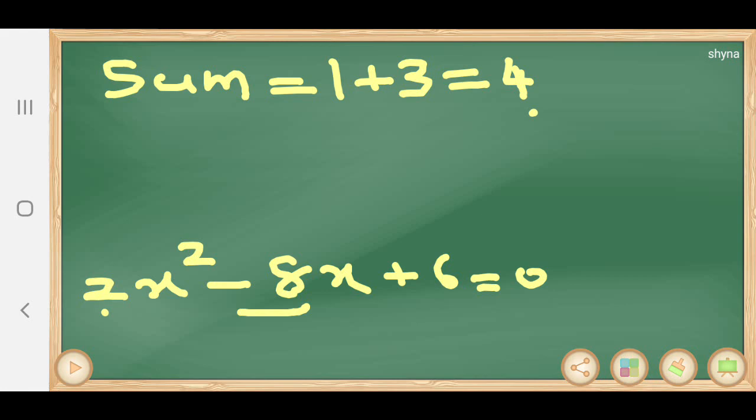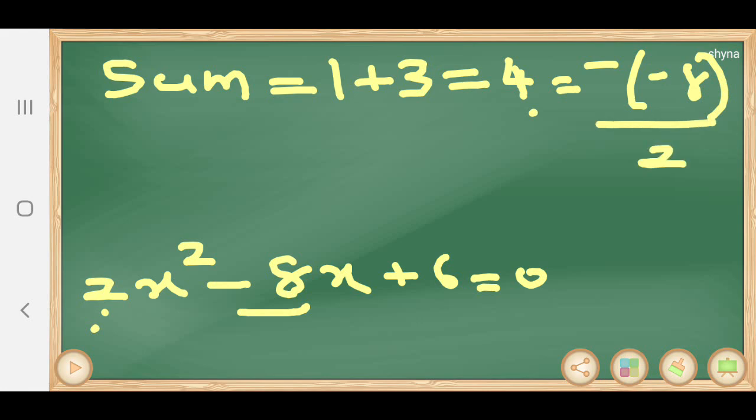Is it? Coefficient of x is minus 8. Minus 8 by 2 is minus 4. But we have to get a positive 4. How can we convert minus 8 as positive 8? Minus of minus 8 is positive 8. That is, minus of minus 8 by 2 equal to positive 4.